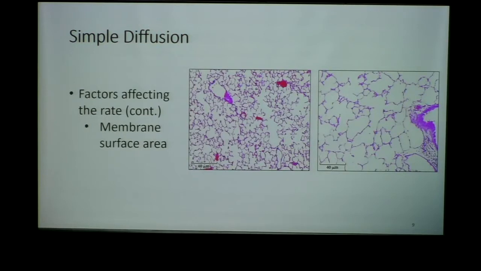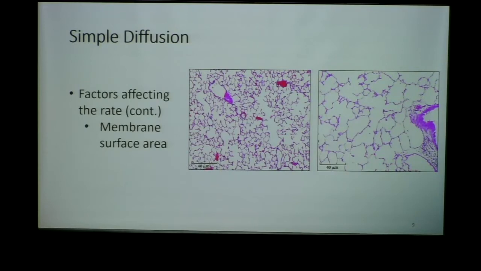The second factor was the membrane surface area. Now, the amount of surface area that's exposed will determine how fast those particles move across the membrane, right? Think about it. In the case of the lungs, this is an image of the alveoli of the lungs, and on the left, we can see a normal patient, right? A normal anatomy of the lungs here.